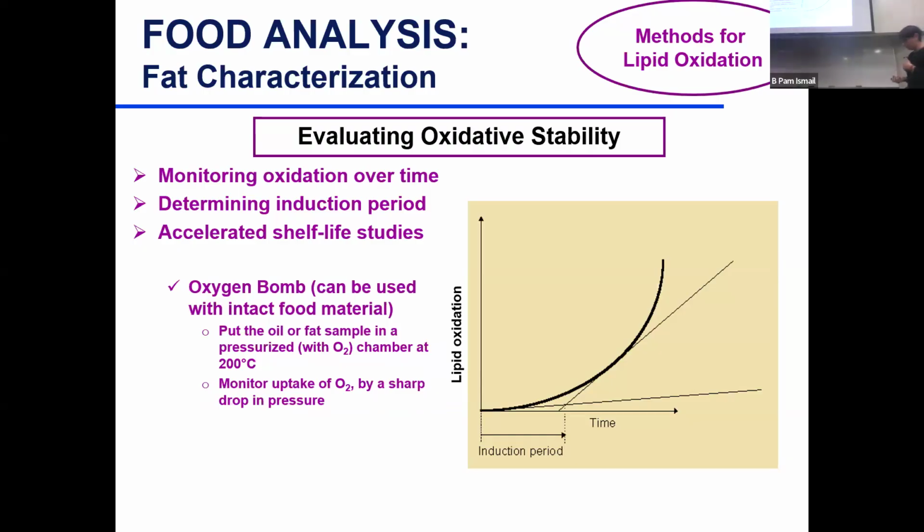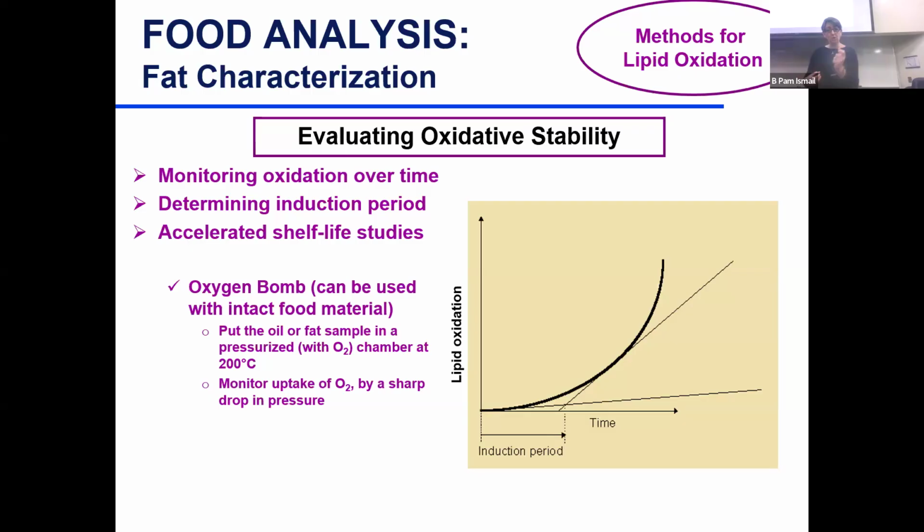All right, the last one is the oxygen bomb. It's literally an oxygen bomb. You get the sample and you put it in a compartment pressurized with oxygen. And you put that whole compartment at high temperature. And then you monitor a drop in pressure.